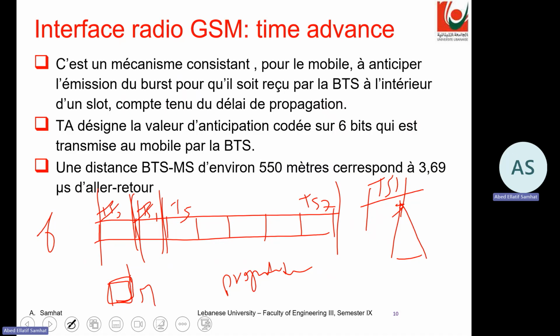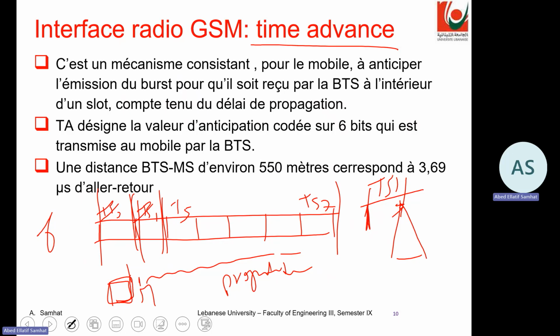So if the mobile starts sending just at the beginning of TS1, due to the propagation delay, it's not possible that this information will arrive at the exact time. That's why we need a kind of time advance in order to anticipate.